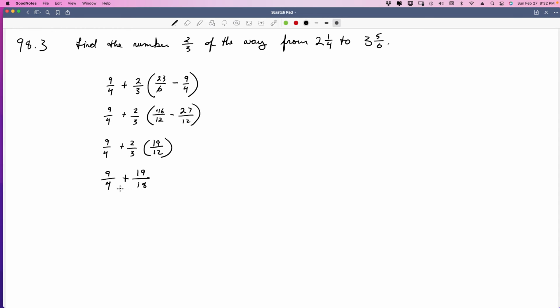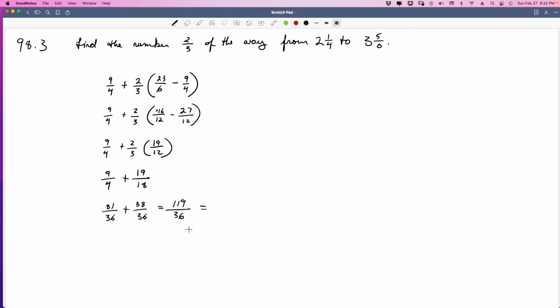And the common denominator between 4 and 18 is going to be 36. So we're going to multiply this fraction by 9, because 4 times 9 is 36. So it's going to be 81 over 36. And this will be multiplied by 2. So that's going to be 38 over 36, which is our original number that we started with. We really didn't have to reduce it, huh? And that is going to equal 119 over 36.